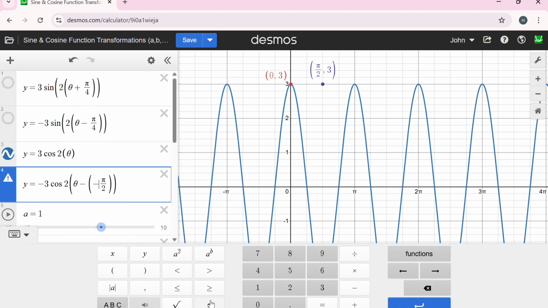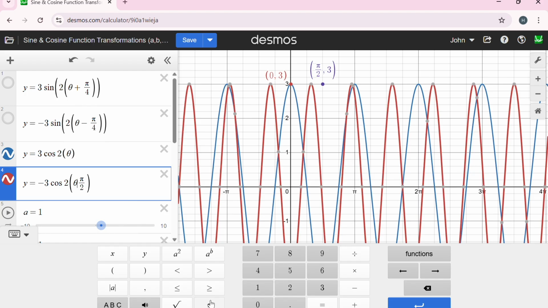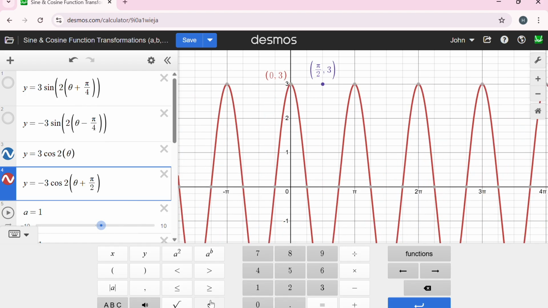Or I can simply add pi over 2, or I can subtract pi over 2. So a c value of negative pi over 2 or a c value of positive pi over 2 gives me the same result. In the example I did in class, I said it was a negative value, so I can simplify it by saying plus pi over 2.